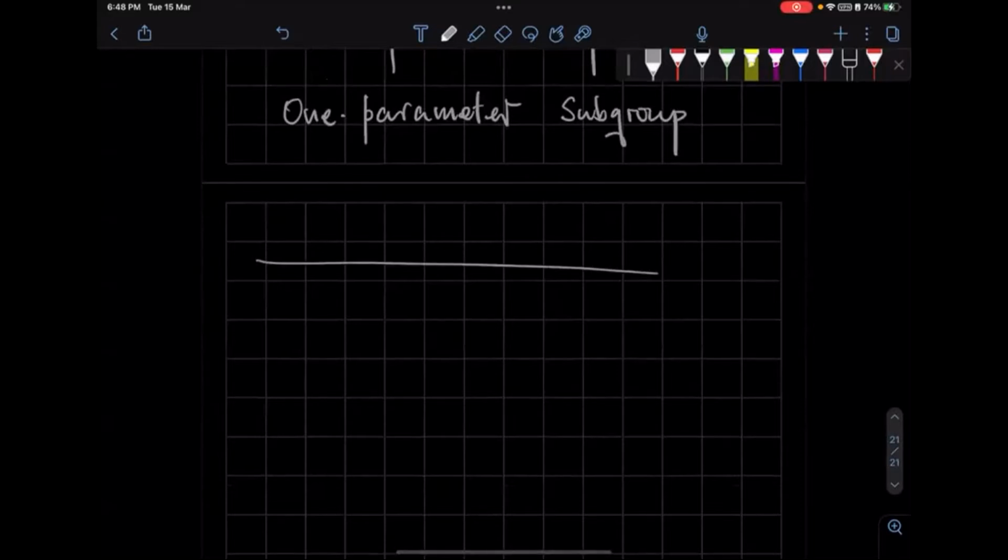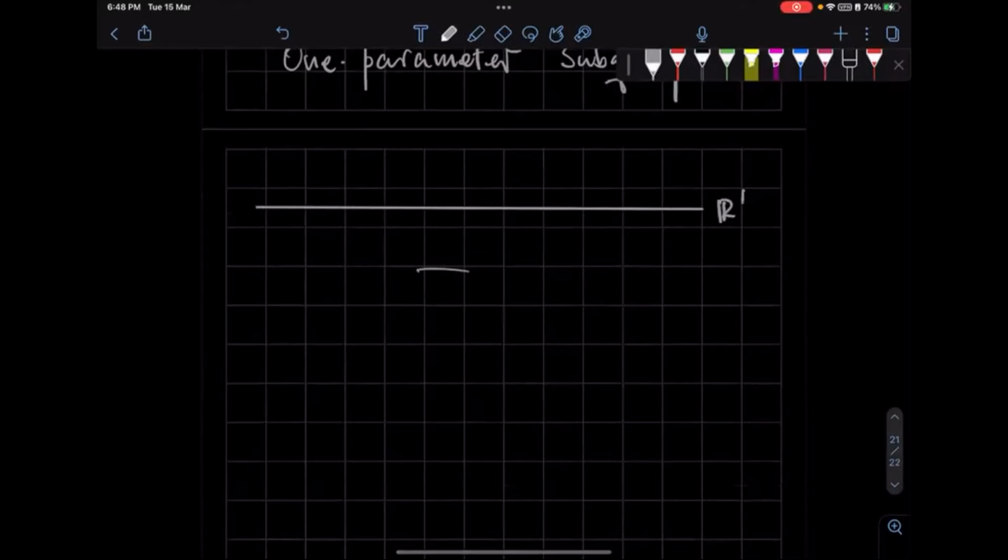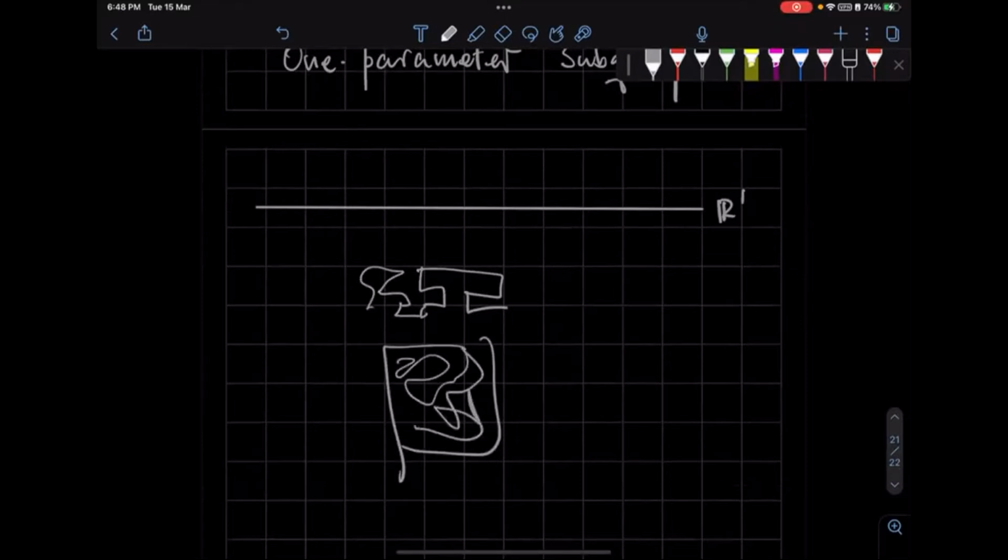So if you take an infinite line like an R1, so it goes all the way, and you want to think of it as a space filling curve, something like this, you have some volume, but you have some non-intersecting curve, like the curve that Hilbert invented or some other mathematician invented. It doesn't matter, I can still use one parameter to parameterize that whole curve, right?